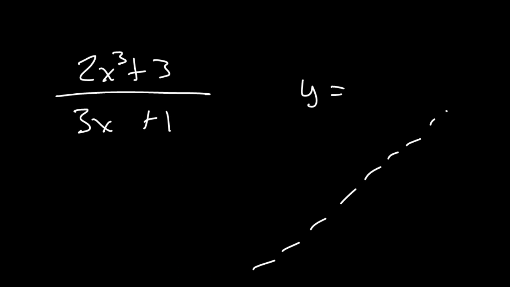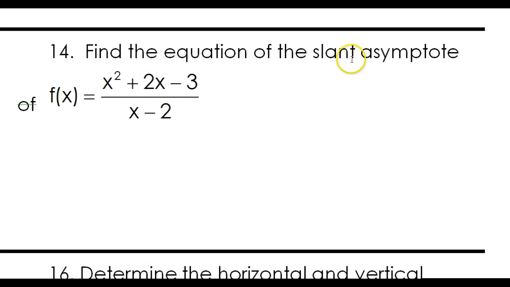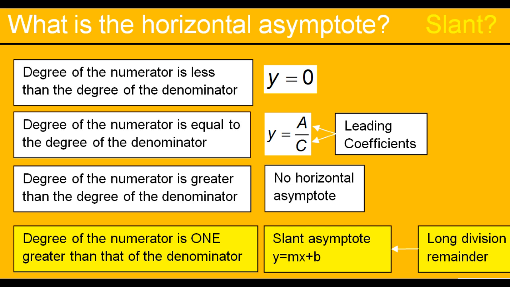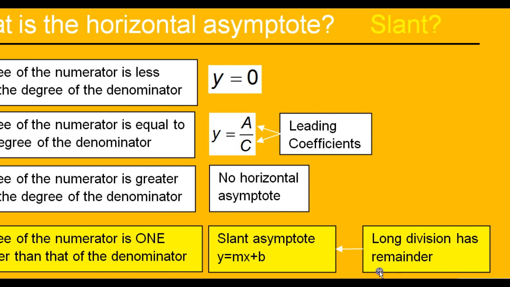So again, if I want to find the equation of a slant asymptote, first of all, notice that the degree here is 1 more than the denominator. This is 2, this is 1. So we're expecting it to have a slant asymptote. We just need to do the division. Now, when we do the division, it's important that we not get a remainder of 0.